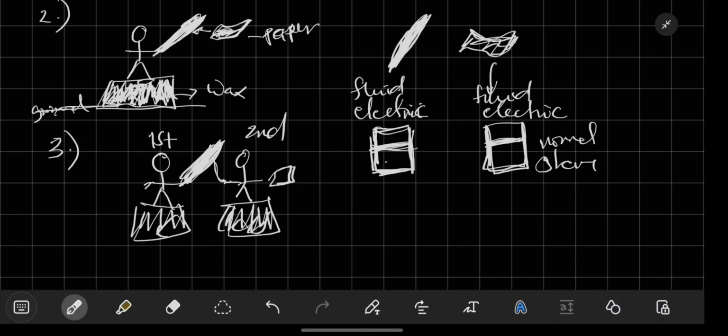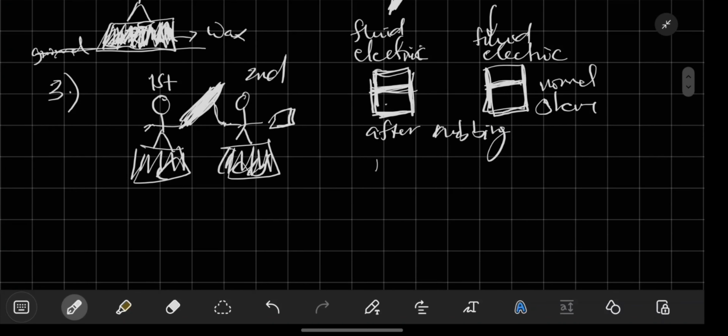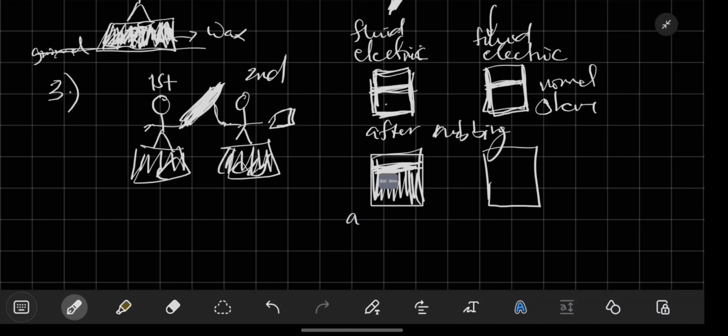Okay? Pareho pa silang amount ng fluid without rubbing pa. And then, with the second experiment, he concluded that the object after rubbing, let's say this is a glass object, has now more amount of fluid.